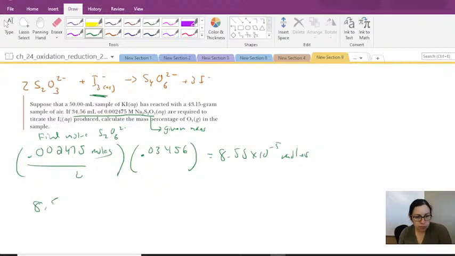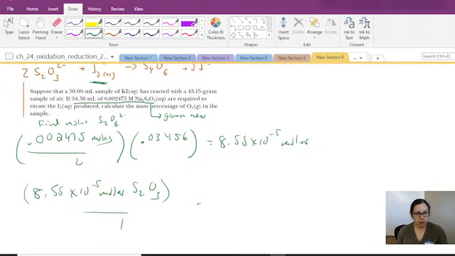So I have 8.55 times 10 to the negative 5th moles of S2O3, divided by 2. So I'll just put it for every 1 mole of iodide, we need 2 of S2O3. So then we just halve it.